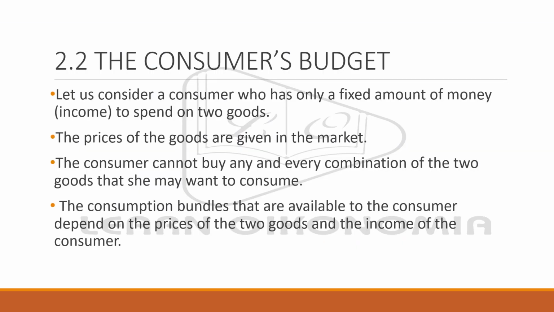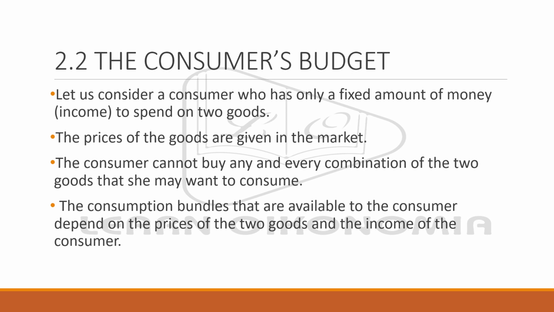In the previous class, we dealt with the concept of indifference curve analysis, and we saw the different characteristic features of indifference curve analysis. Today we are considering the case of the consumer's budget. This deals with the income of the consumer.